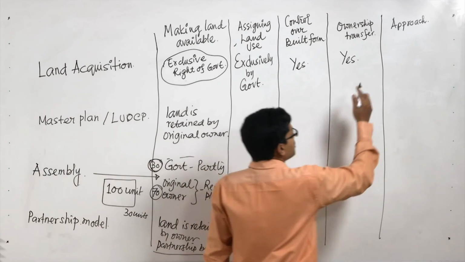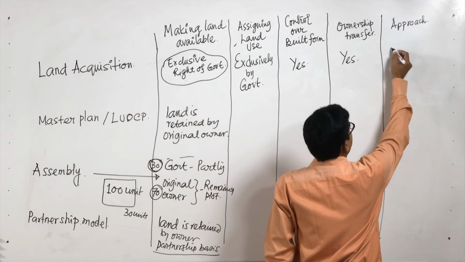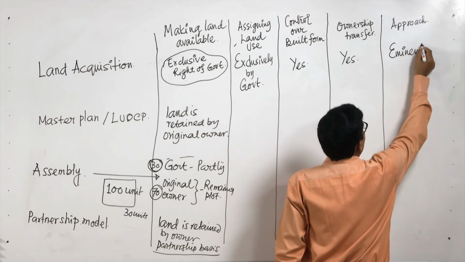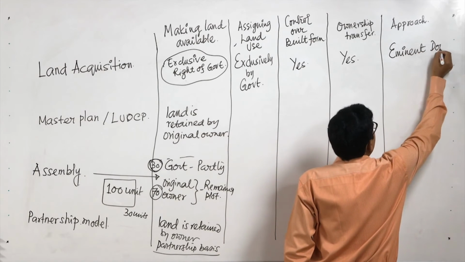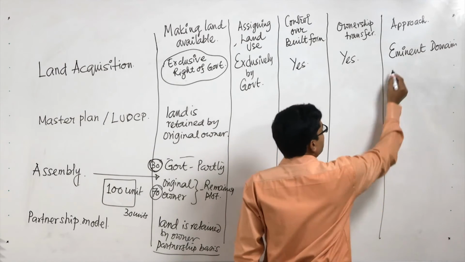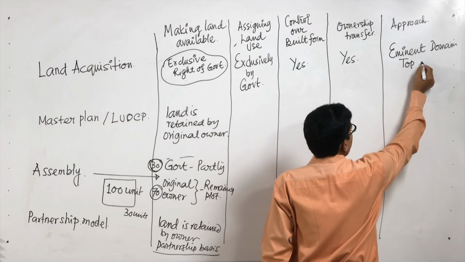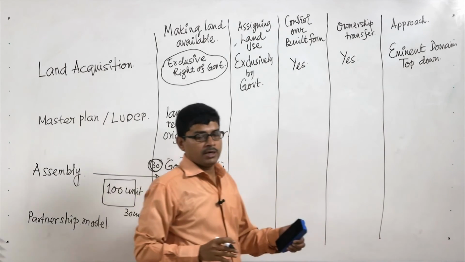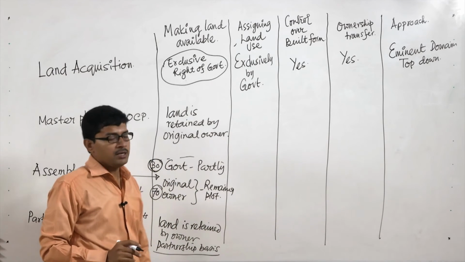So, here the approach is basically using the eminent domain, and it is a top down approach. Top down means the government authority can take the land directly.